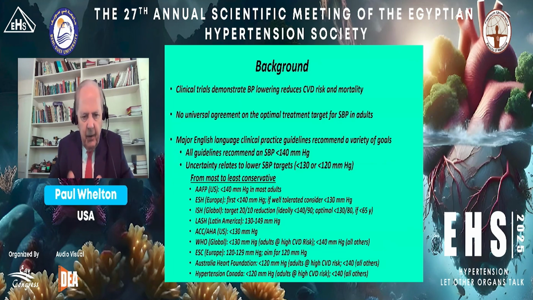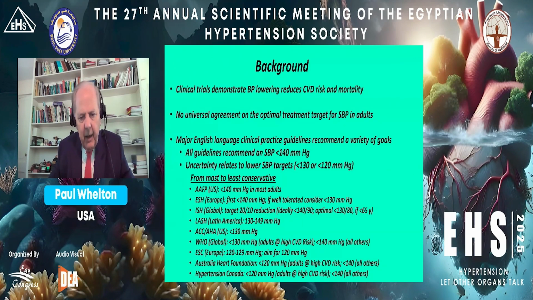Other guidelines you can see here, they vary. And the most recent guideline is the European Society of Cardiology. They would say 120 to 129 is the appropriate range, but they encourage getting down to 120 if that's possible.